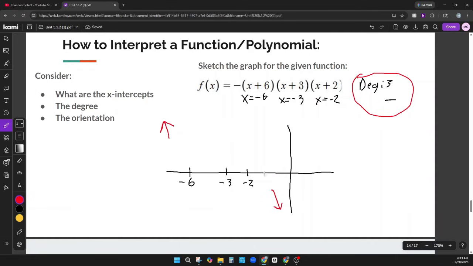So since I know that my function is going to trend downward because it's negative, and because it's degree 3, I know that it starts in the opposite direction. And because of that, we're actually going to sketch something like so. And this is the sketch of my graph for this particular function.